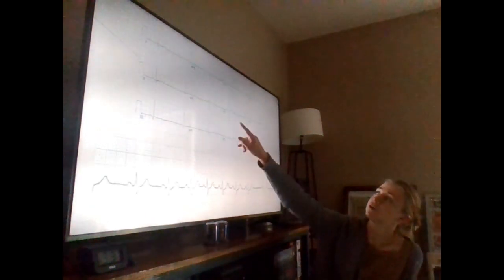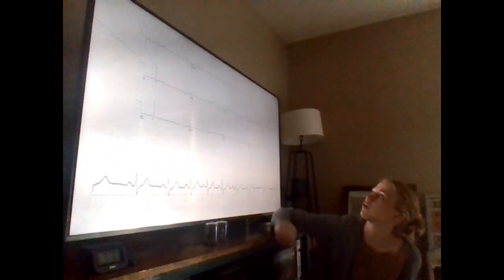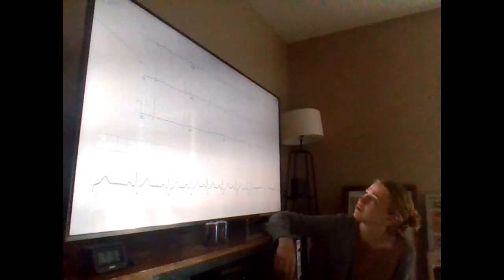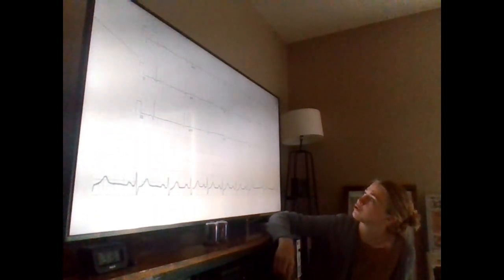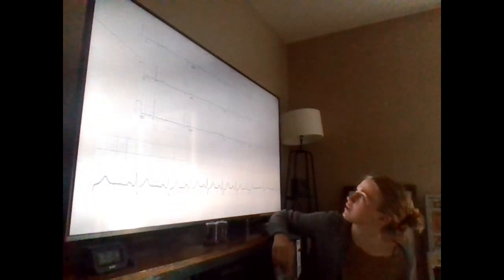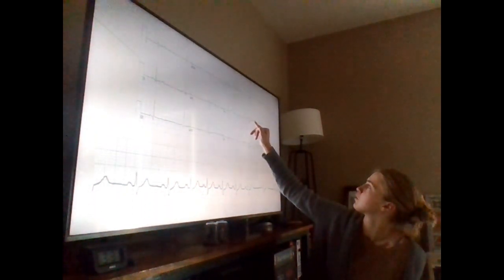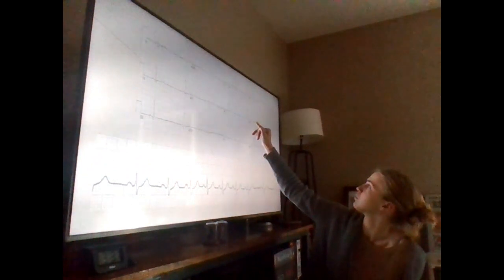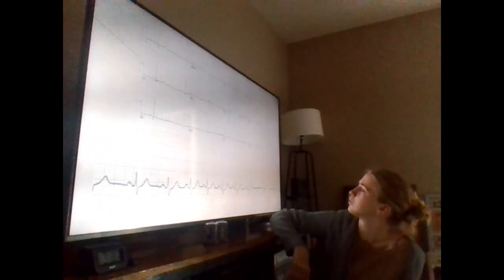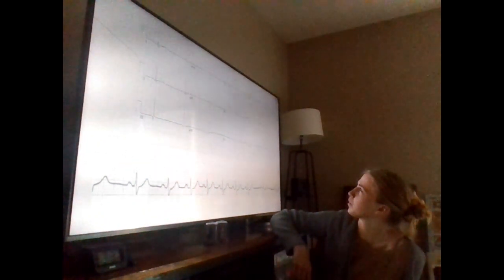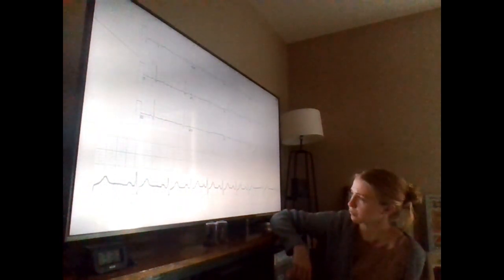And now you have your sinus bradycardia seen up here. Note how far apart they are and use your methods of counting to show you how far that actually is. Should be right around 30 beats a minute there.